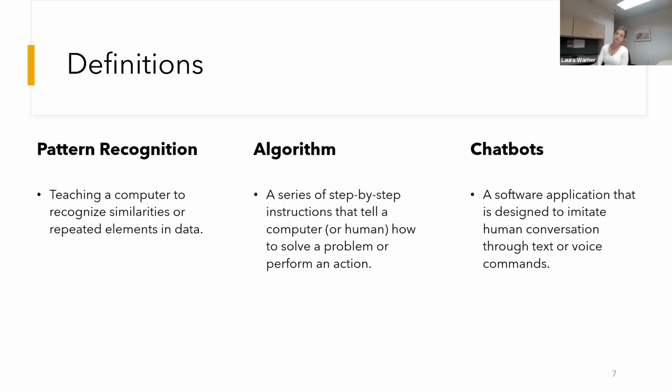You'll probably hear terms like pattern recognition algorithms as well, and we'll get into how those work in the next slide. Pattern recognition is the practice of teaching a computer to recognize similarities or repeated elements in data. And an algorithm is a series of step-by-step instructions that tell a computer or human how to solve a problem and perform an action.